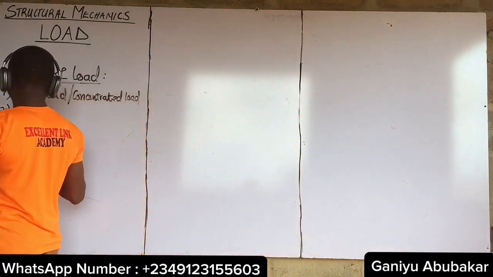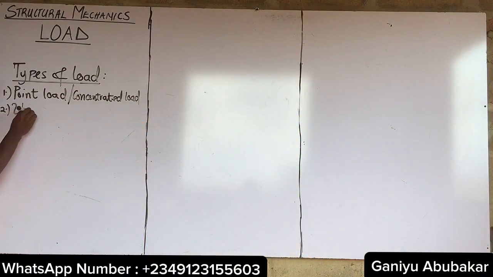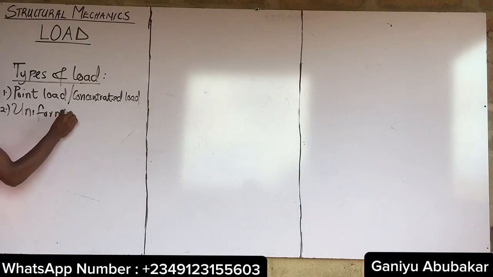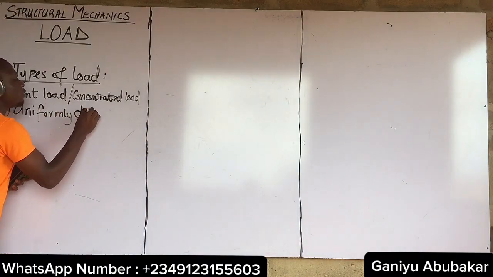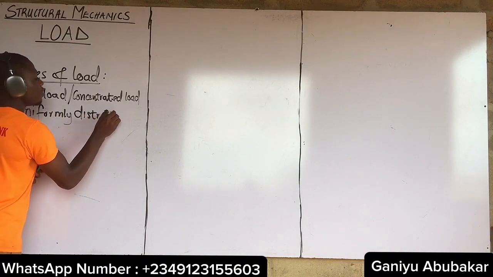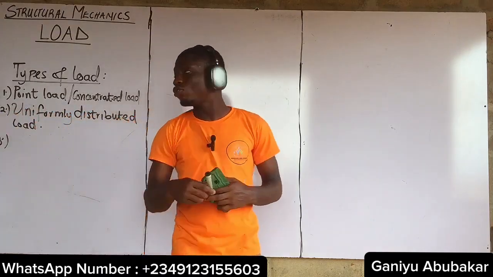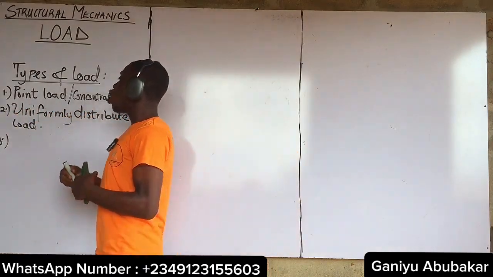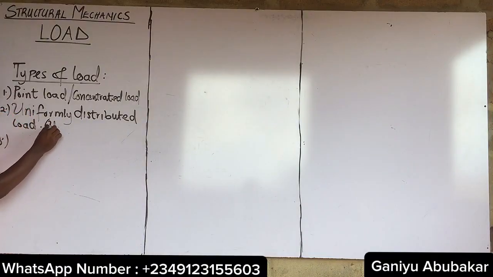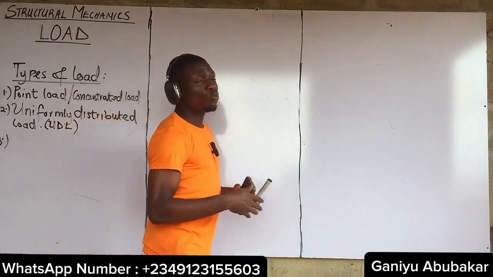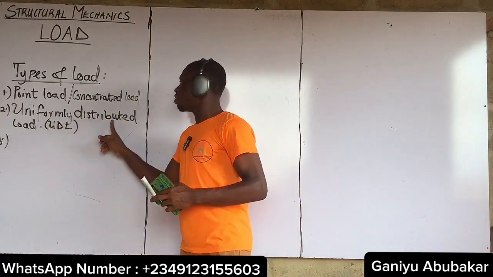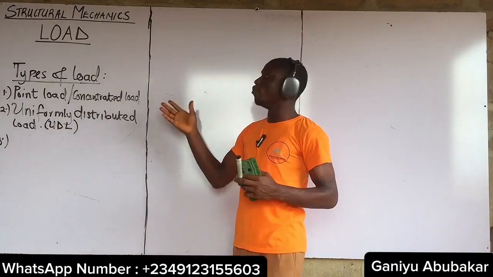Number two there is what we call the uniformly distributed load. The second type of load that we have is called uniformly distributed load, also known as UDL. So when you hear the word UDL, we mean what? Uniformly distributed load. That's the second type of load that we have.